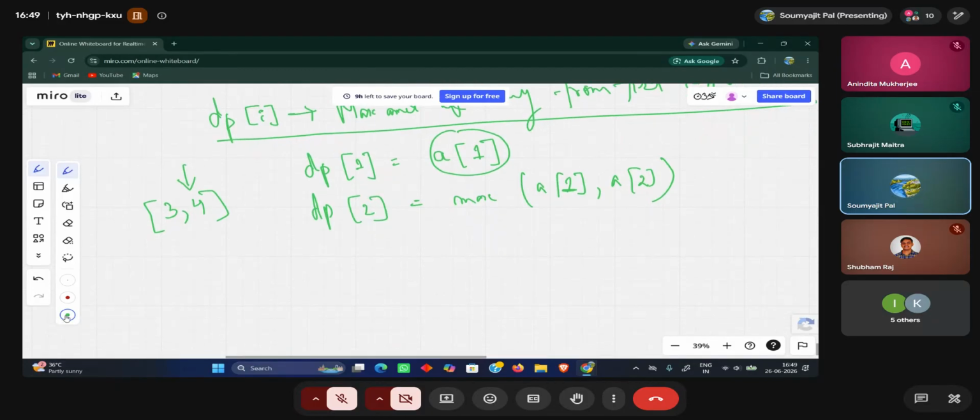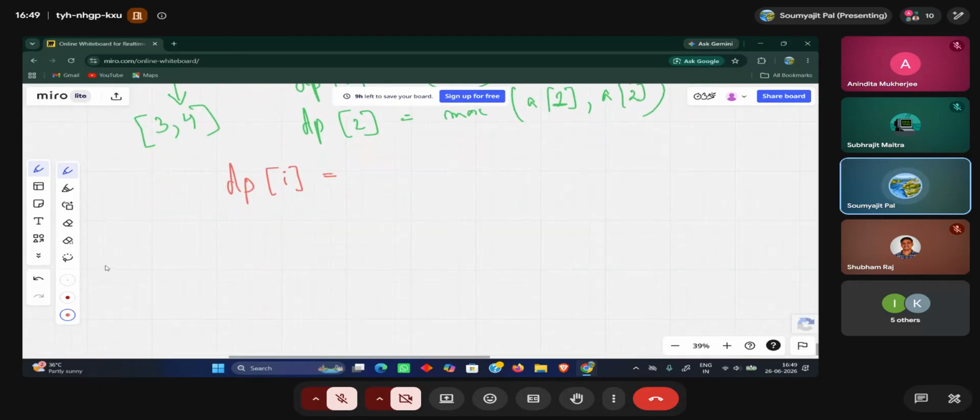And now we have to define our transition in order to compute our larger subproblems. So I can write dp i, suppose these are my houses, 1, 2, 3, up to i minus 2, i minus 1, i. If I rob this house i, I should not have robbed house i minus 1. So I have to determine what I could have got from the first i minus 2 houses.